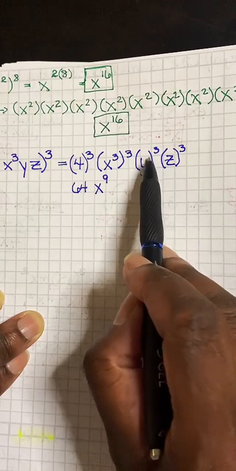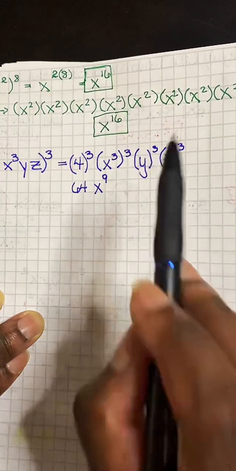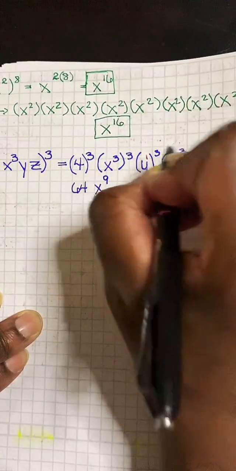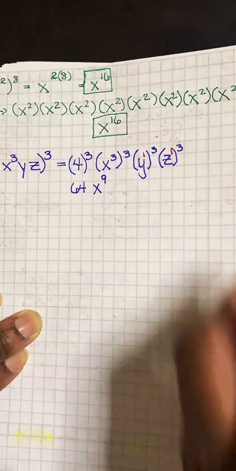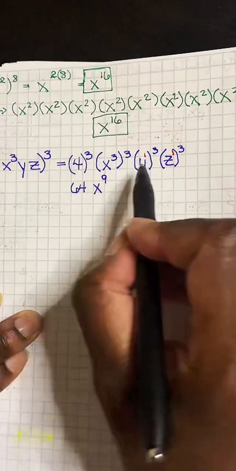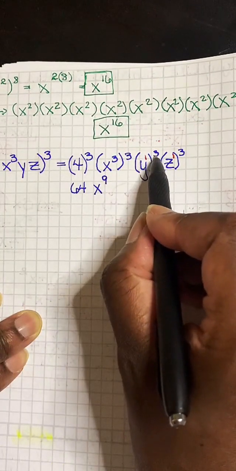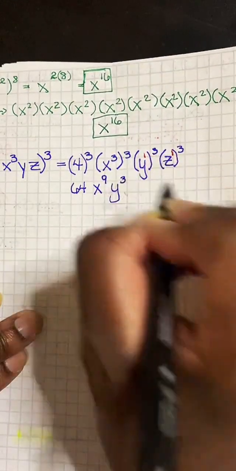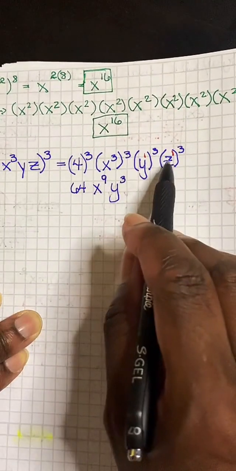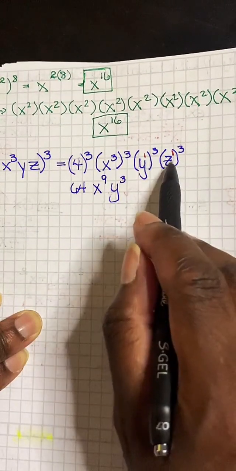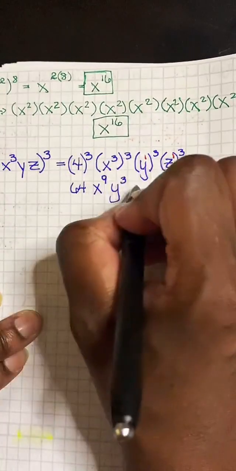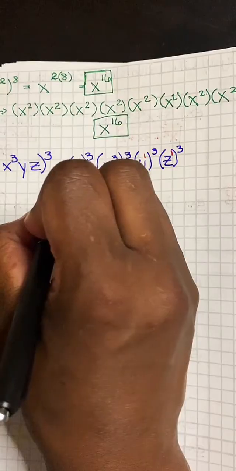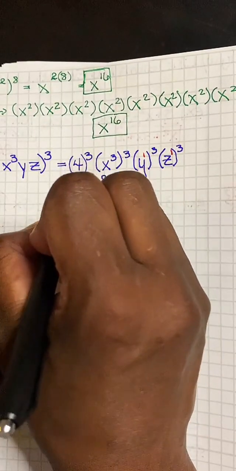Originally it looks like we don't have an exponent, but it's assumed that there is a 1 there. Same for the z. So here we have 1 times 3, which gives me y to the 3rd. And for the z, 1 times 3 gives me z to the 3rd.